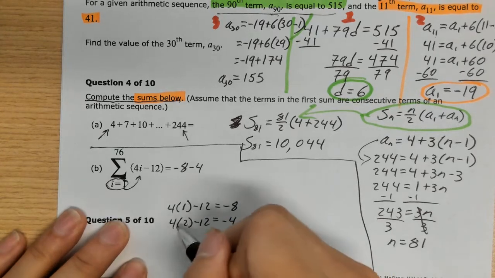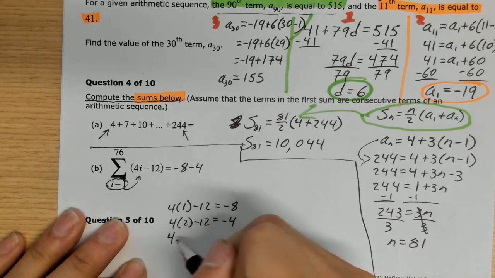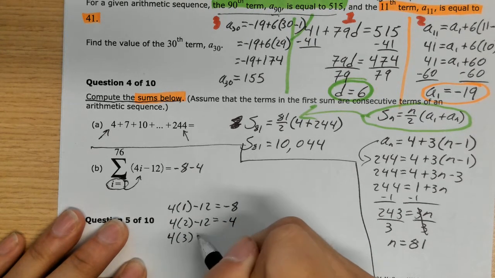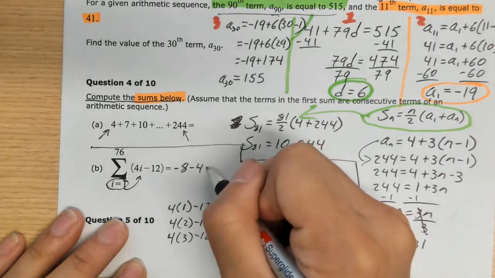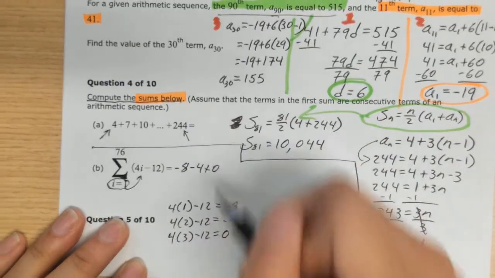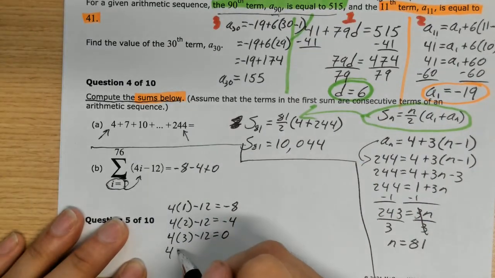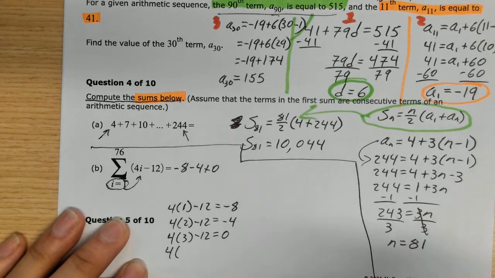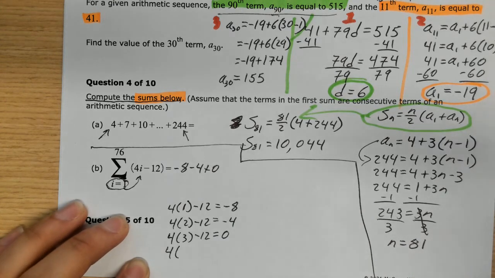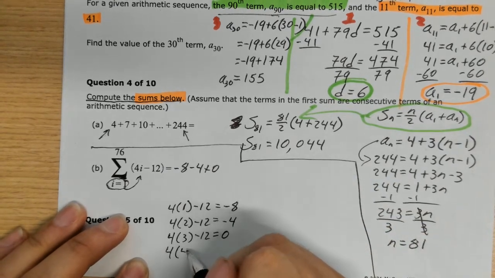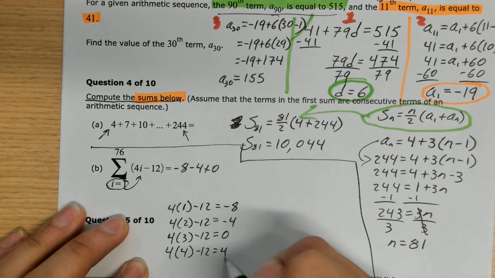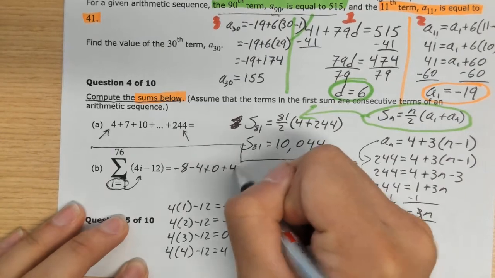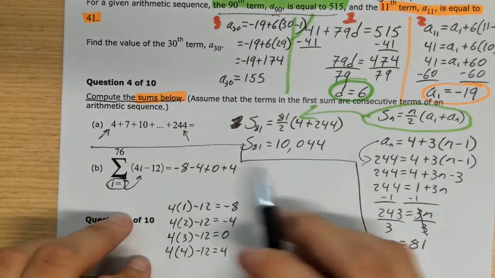After 2 comes 3, so 4 times 3 is 12, minus 12 is 0. We don't really need more than 2 terms, but just so you get the idea, the next term is plus 4.